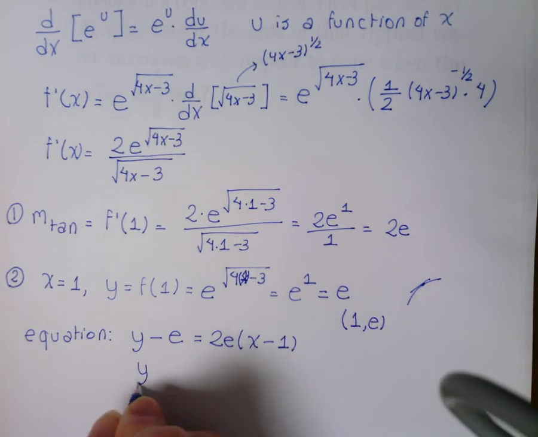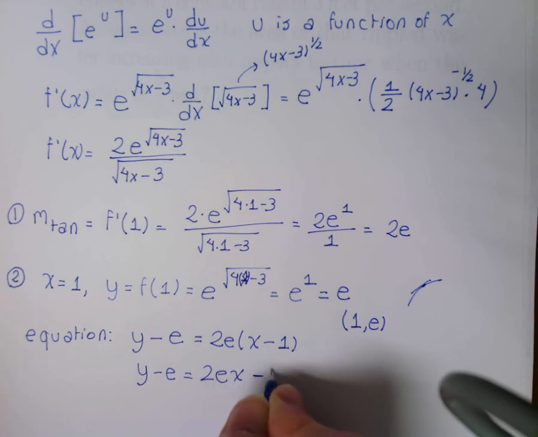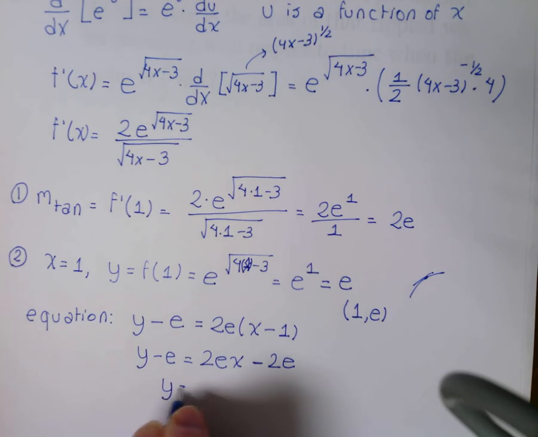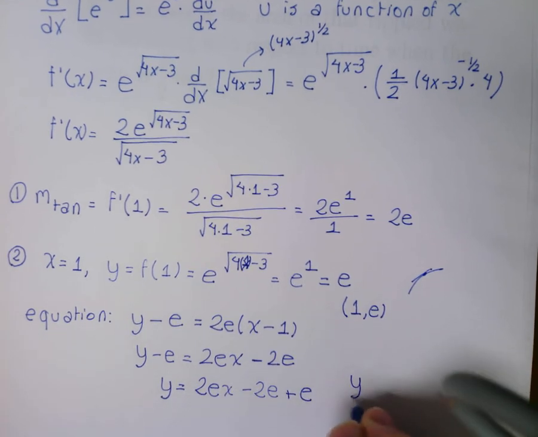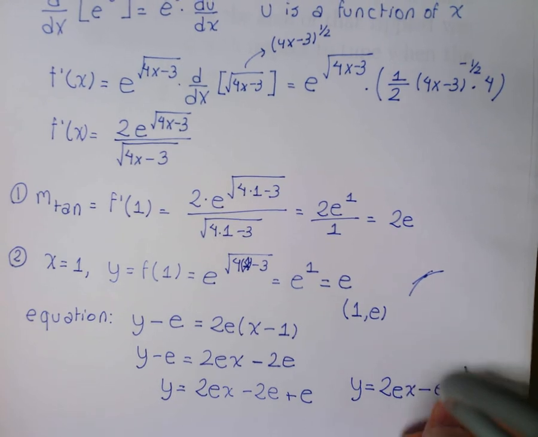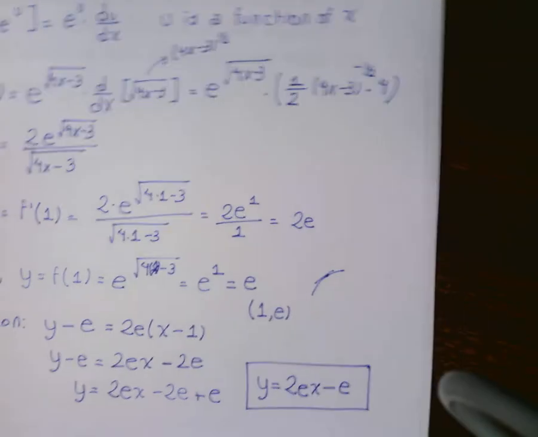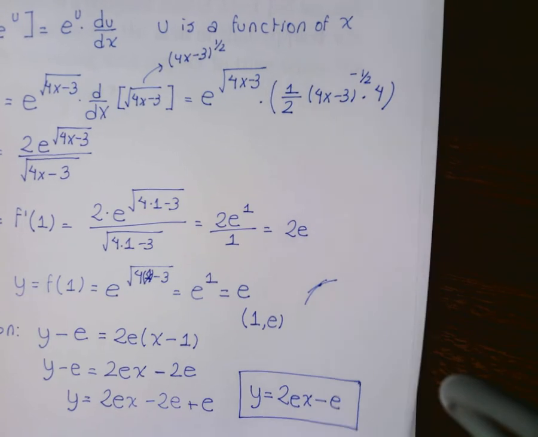Okay, so y minus e equals 2ex minus 2e, and if I add e to both sides, plus e, okay, then I get the final answer. It is a linear equation. Okay, are there any questions? Hopefully that's going to help you.